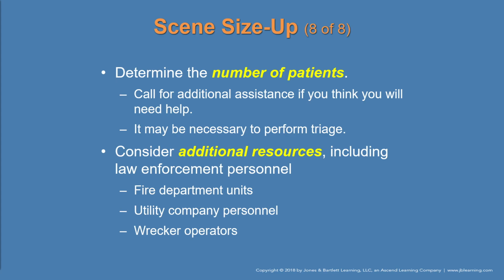Or sometimes you arrive and you find the patient that called for help, but you also see extra patients, you know, family and bystanders and things like that that need additional assistance or additional support. And so always keep in mind that the number of patients, the number that you get over the radio may not be the number that you find when you're on scene.